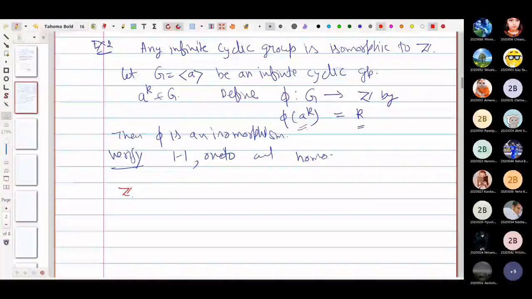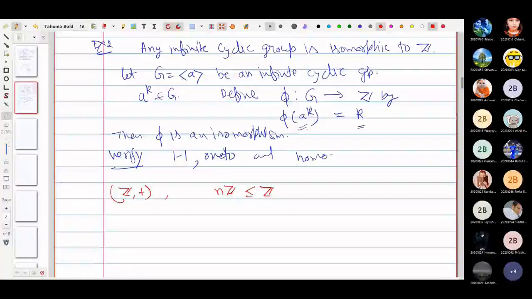So if we have the set of integers under addition, this is our group. And we know that the subgroups of Z, the set of integers, are of this form nZ.